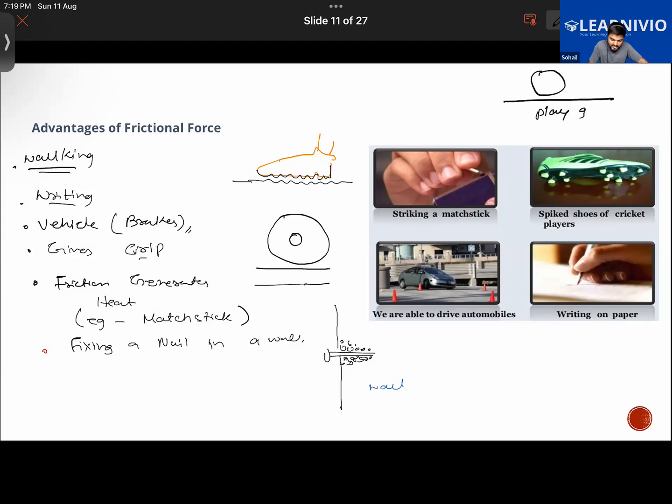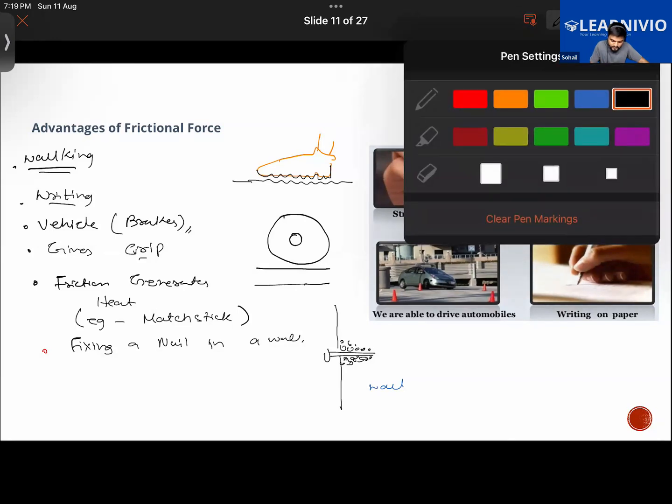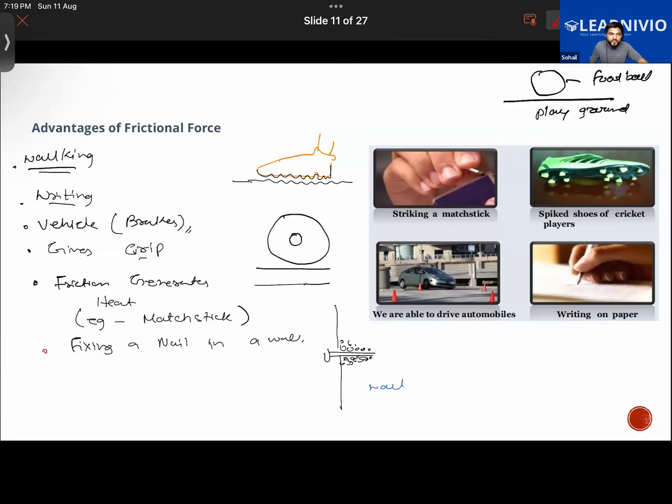Will that come to a position of rest? No, sir. Practically no. Getting it, guys? So for an object to come to a state of rest, frictional force is necessary.